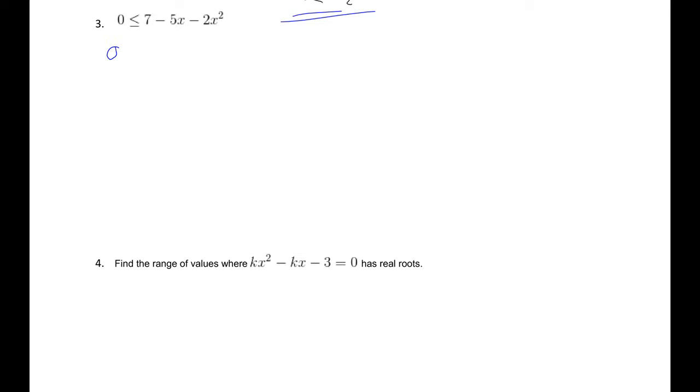So we get 0 equals 7 minus 5x minus 2x squared. We could swap everything around to the other side to get rid of the negatives. I'm not going to right now because I want to show you this method. Okay, but what I am going to do is I'm going to bring a minus out. 2x squared plus 5x minus 7.